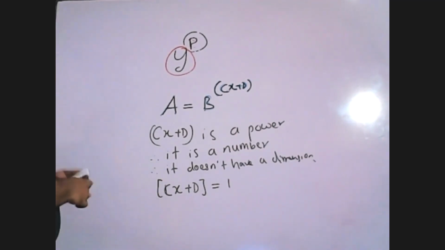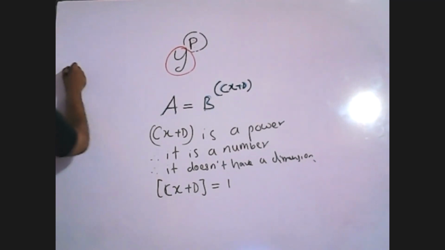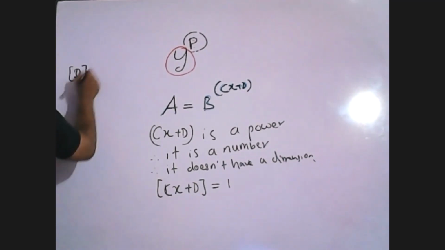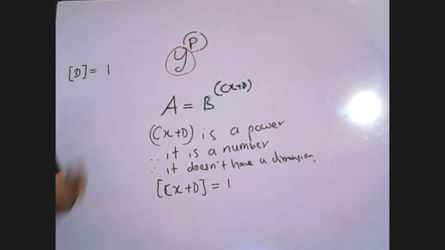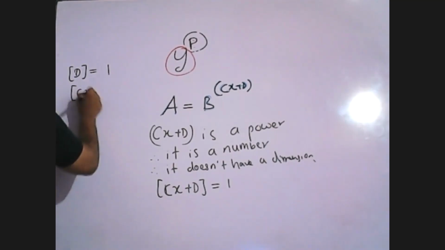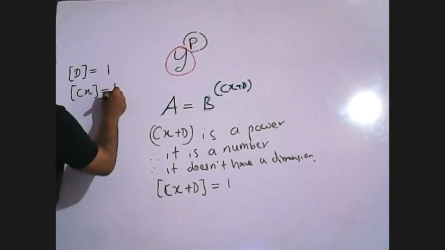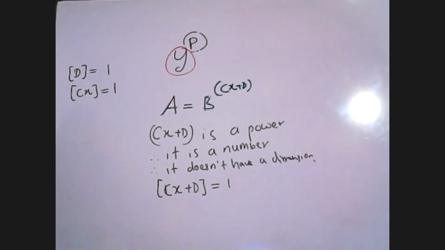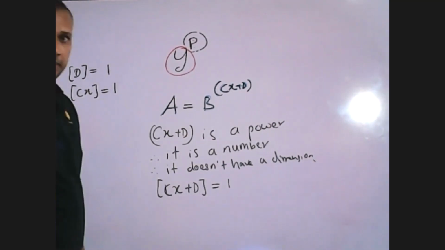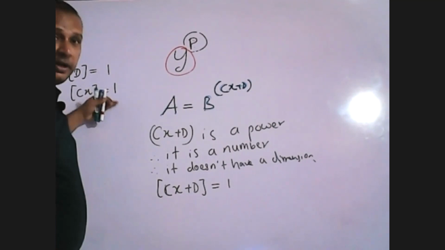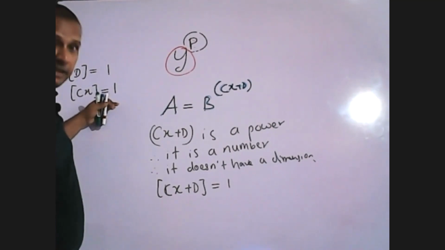So the dimension of D should be equal to 1 and the dimension of Cx should be equal to 1. Do you understand this one?